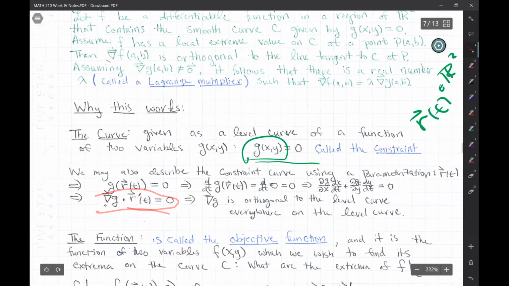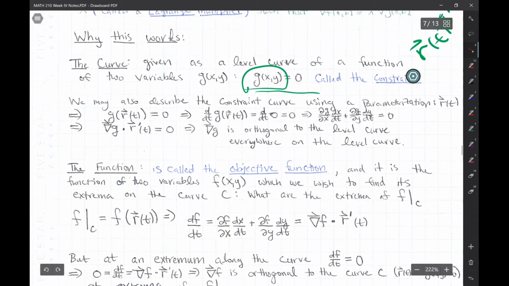This is telling us that the gradient of G is orthogonal to the tangent vector of our curve, okay? So this means that the gradient of G is always orthogonal to the level curve. So everywhere along the level curve of G, the gradient of G will be orthogonal.